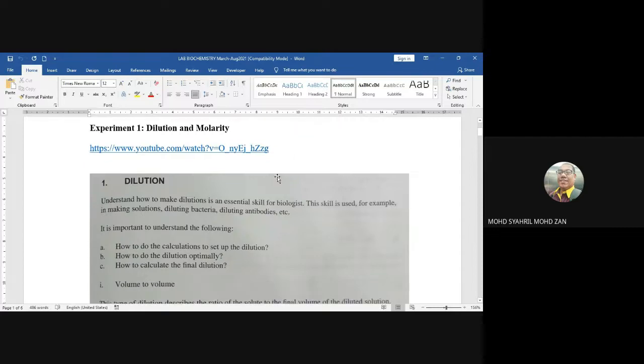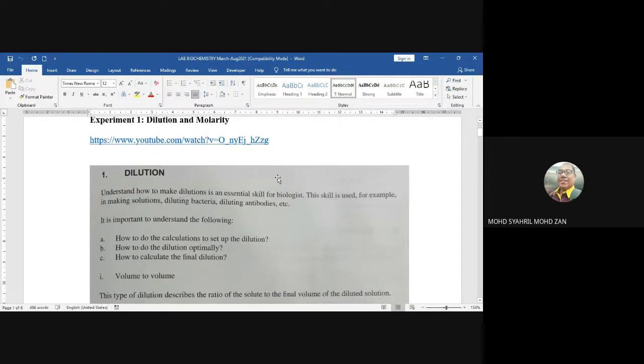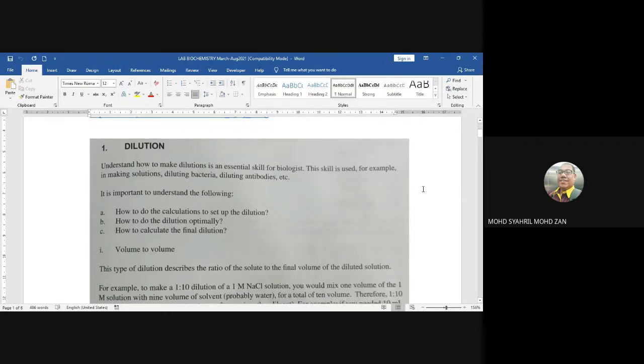Right, number one is dilution. Okay, so define the word dilution. Why do we need to know about dilutions, right? Making dilutions is an essential skill for biologists. Okay, as a biologist or chemist, you must have at least this skill. For example, making a solution, diluting bacteria and diluting antibodies. So this one memang penting lah, right?